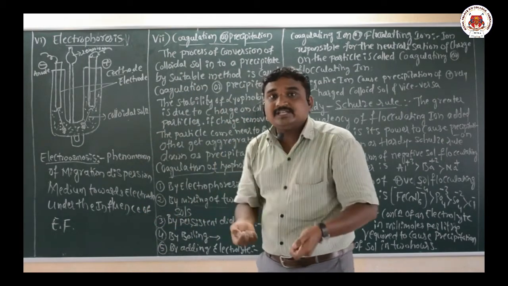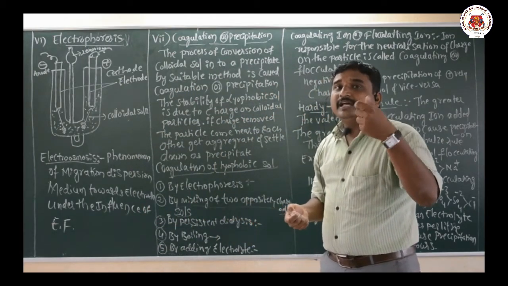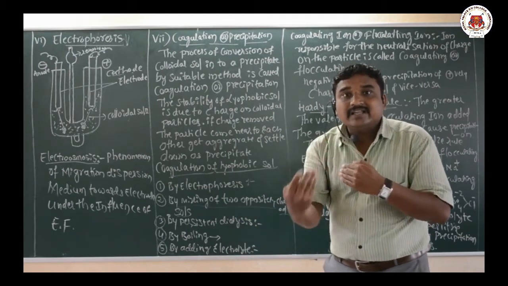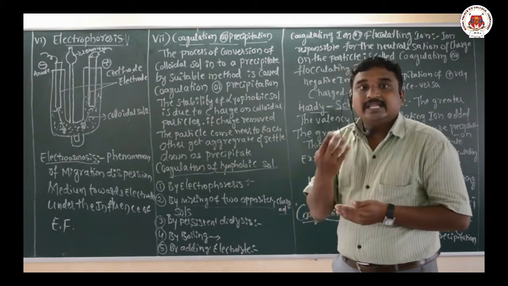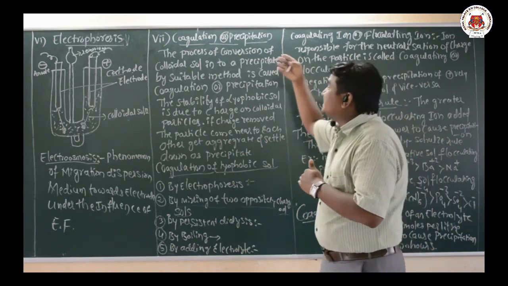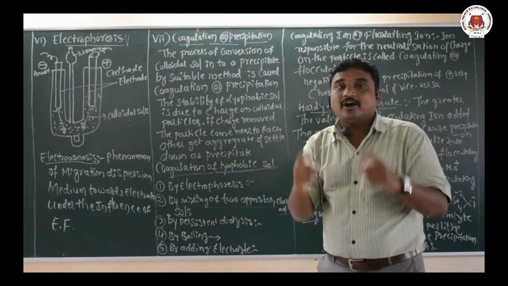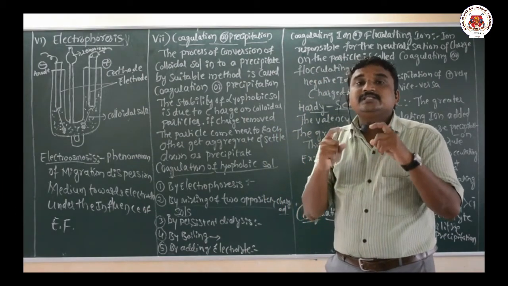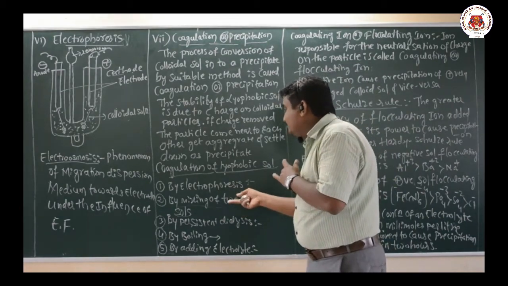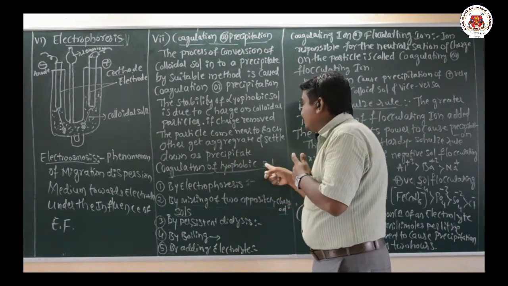By neutralization the charges get neutralized. That leads to the settling of the colloidal particles, that is, coagulation or precipitation, by mixing of two oppositely charged colloids. This is another method used for coagulation of lyophobic sol.